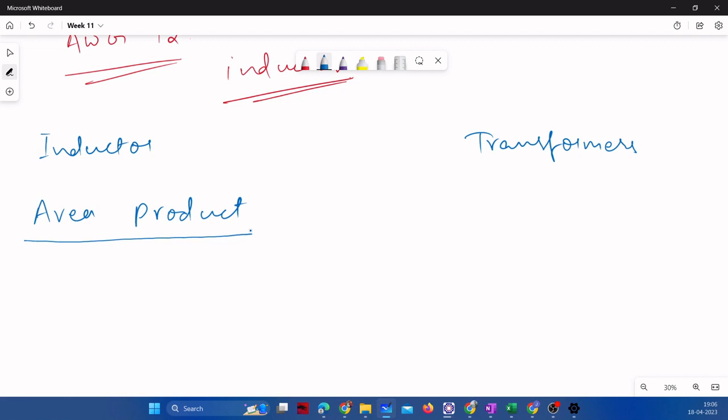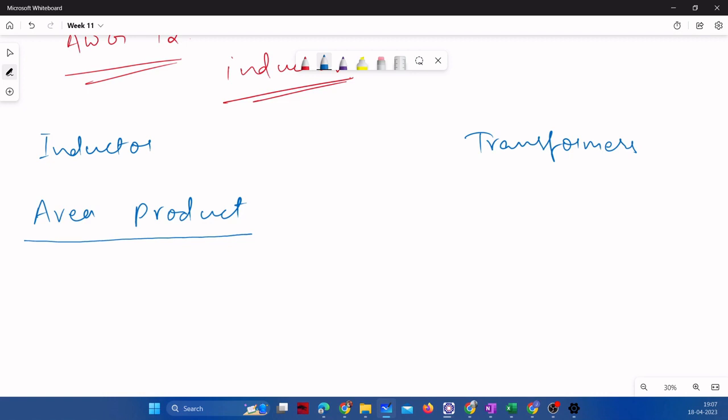It tells you how much core window area and how much core cross-sectional area you will have, and it gives you certain analytical assumptions before you enter into design. So you should have certain analytical equations before you enter into practical design, to see whether it will be effective or not.